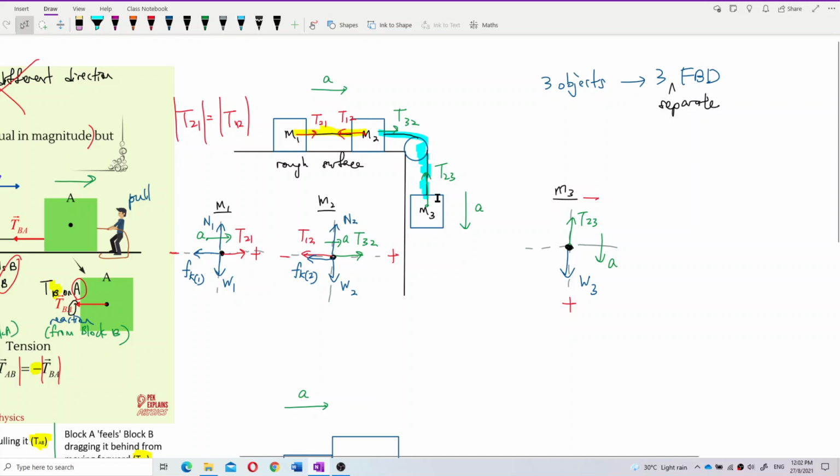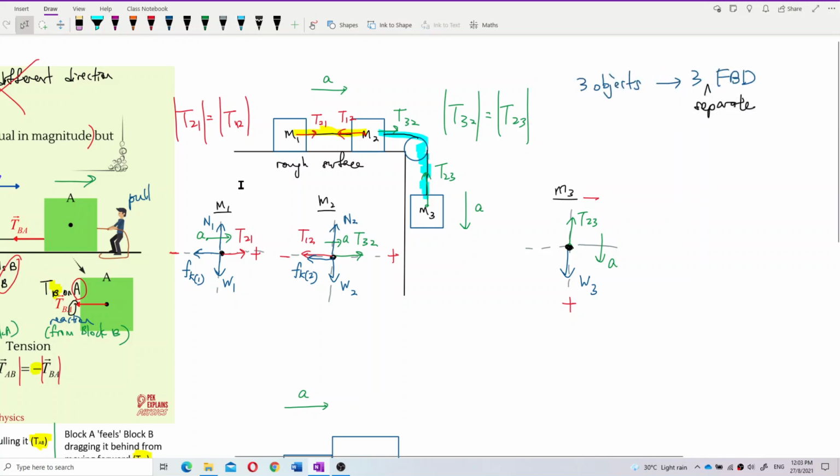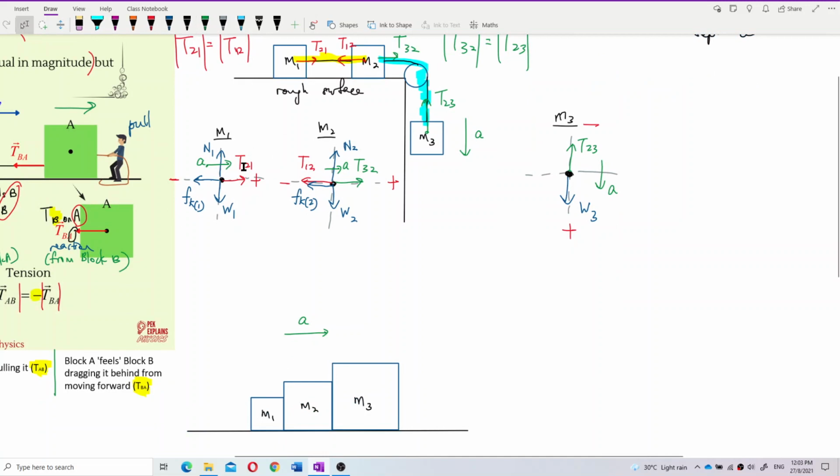This T32 and T23 are experienced by two different objects. They are equal in magnitude, just opposite direction. I don't put the negative sign here, because we know that is opposite direction already. Just the magnitude, they are equal. So remember, T21 and T12, these two are equal.